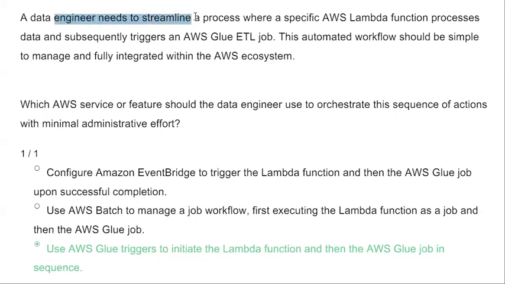A data engineer needs to streamline a process where a specific Lambda function processes data and subsequently triggers an AWS Glue job. This automated workflow should be simple to manage and fully integrated with the AWS ecosystem. Which AWS service or feature should the data engineer use to orchestrate?